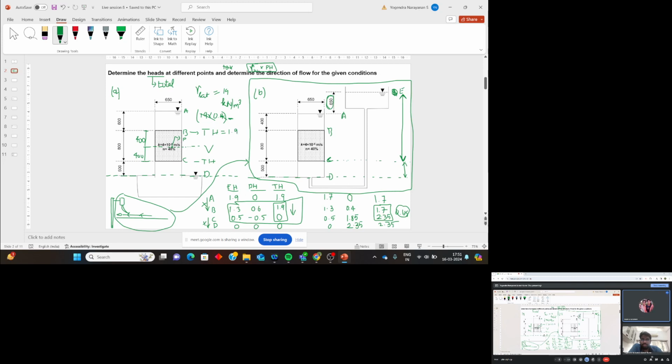Now, here it is 0. Yes, sir. Now, at the middle, what will be the total head? Middle. Okay. 0.95, right? 100 plus 600, 100.